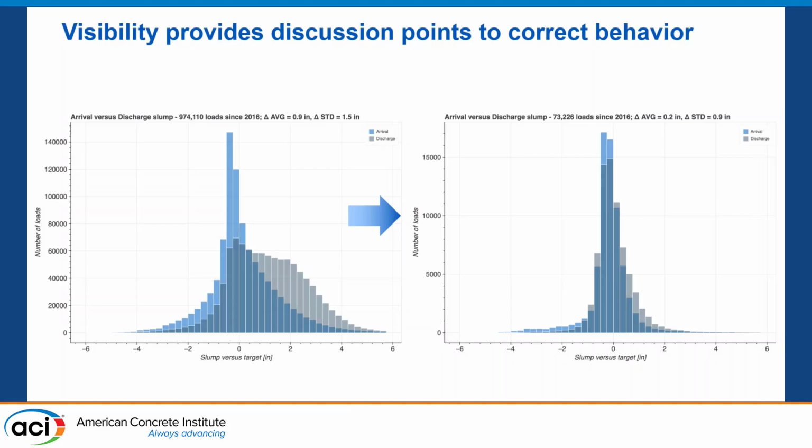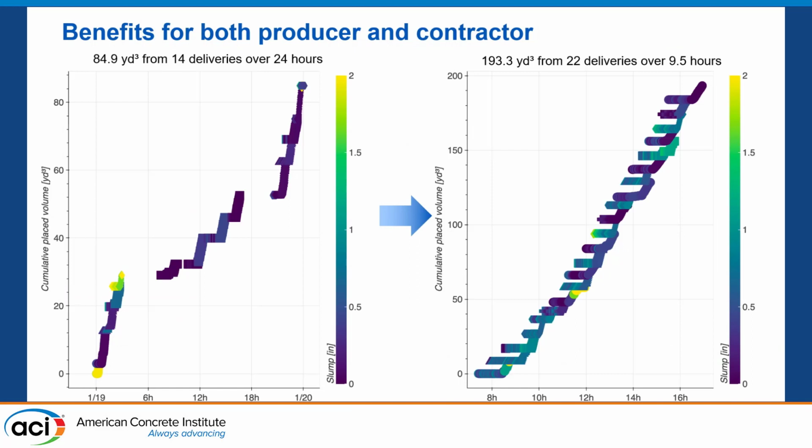All right, so it's not just improvements that you get, let's say, on the ready mix producer. Contractors see a lot of improvements here. The graph that we have here on the y-axis is basically cumulative discharged material over time. The color is the slump from target.